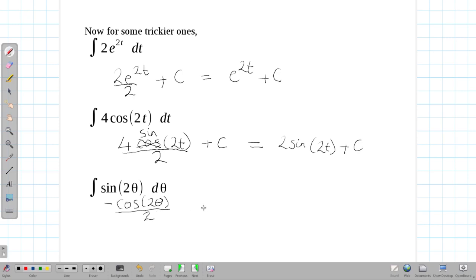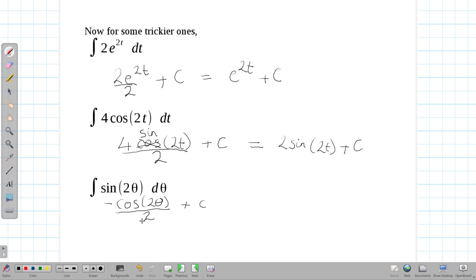Now, the way I recommend doing these is, when you've got the minus sign, it's easy to get confused. So there's 2 things you can do. The first is a good idea, that is to differentiate it. Let's not forget my c of constant. Differentiate it and see if you end up back where you started. So this 2 would come to the front, cancel with this. This would become a plus sign because we've got a minus sign. Remember, if there was no minus sign, it would be minus here. Okay, so don't trip over that.